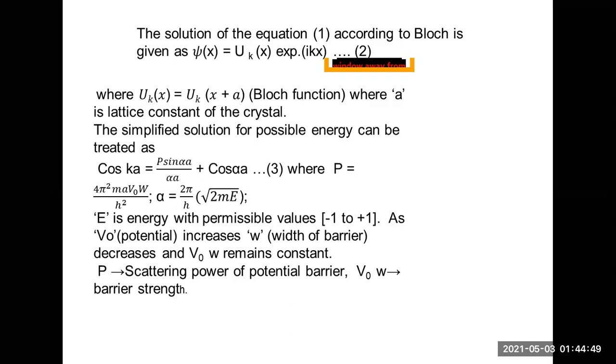So here, what is uk of x? That is called the Bloch function. uk of x is nothing but we can also write uk of x plus a, where a is the lattice constant of a crystal, which defines the character of the crystal, right?